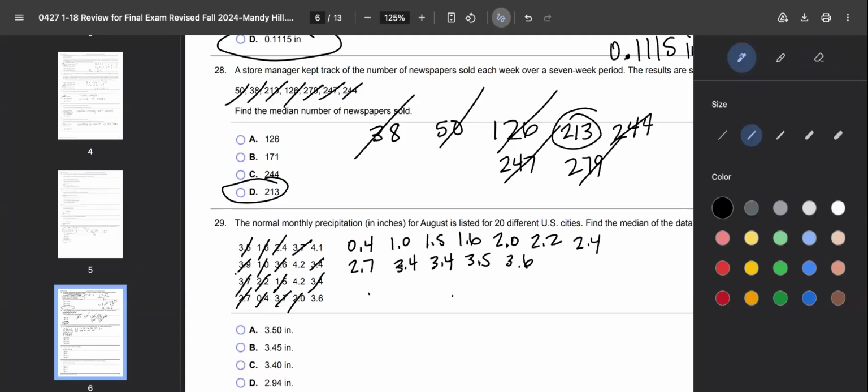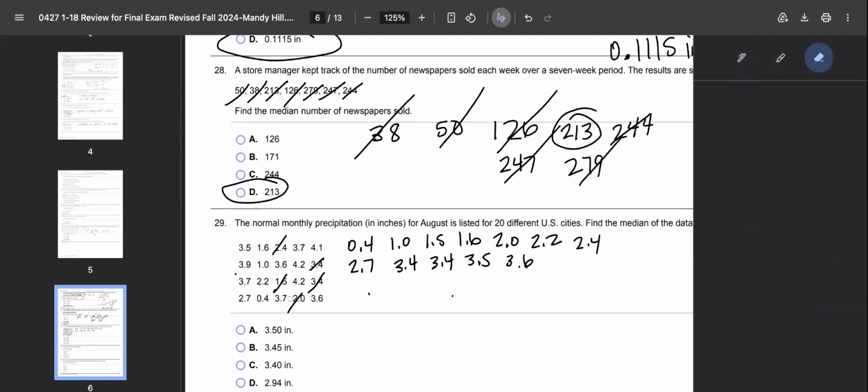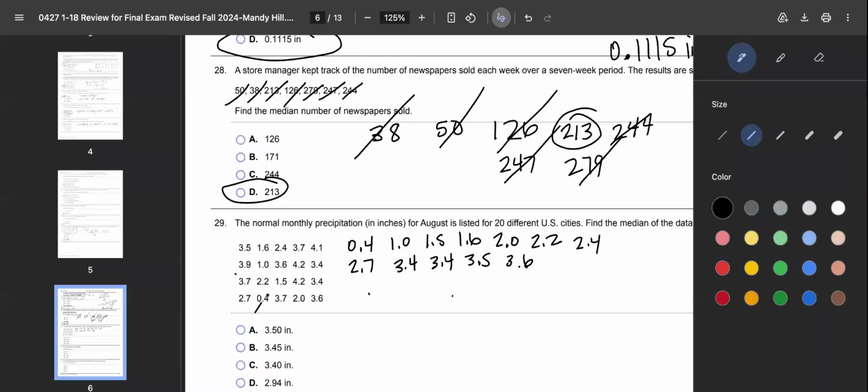Okay, 2.7, 3.4, 3.4. I am 100% confident that you guys would not mess this up like I just did.